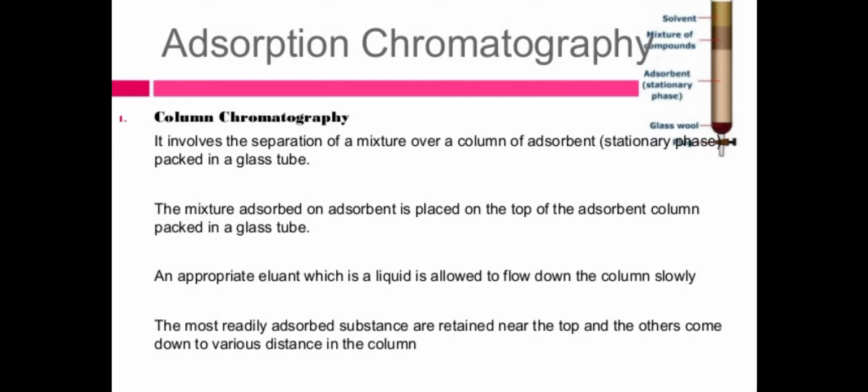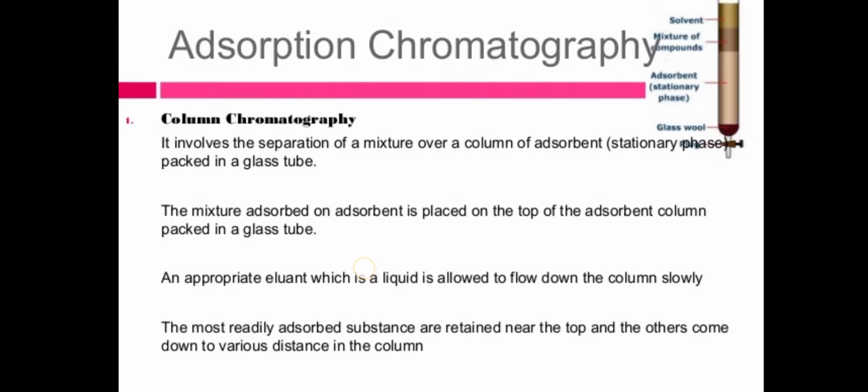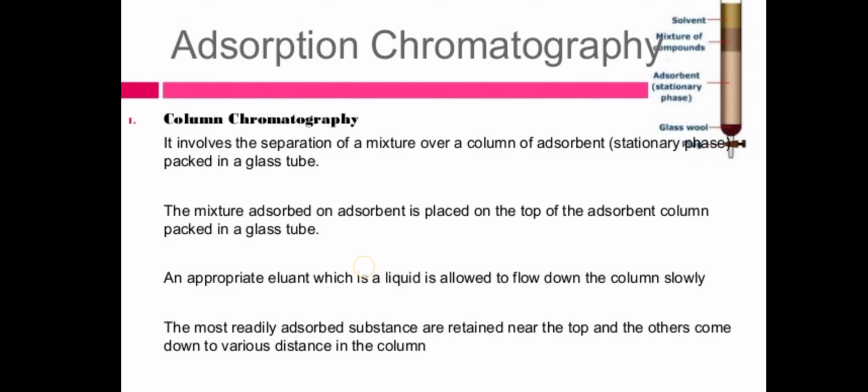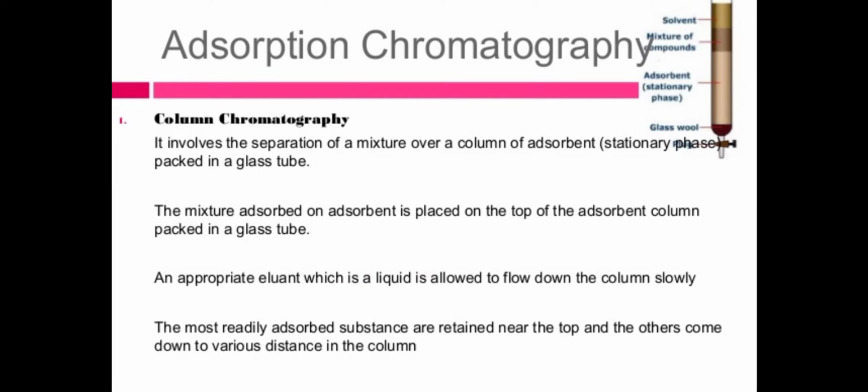The mixture adsorbed on adsorbent is placed on the top of the adsorbent column packed in a glass tube. An appropriate eluent, the mobile phase, which is liquid, is allowed to flow down the column slowly.